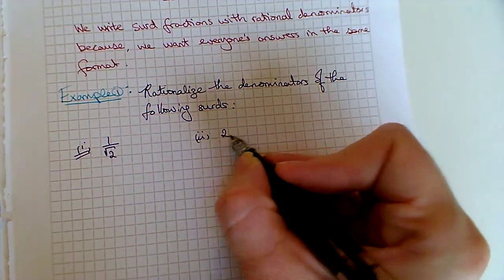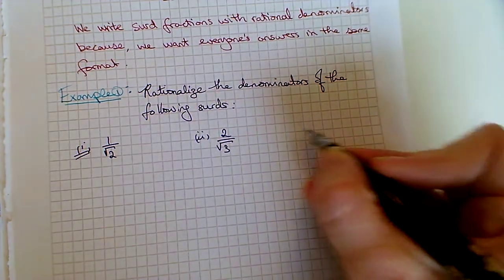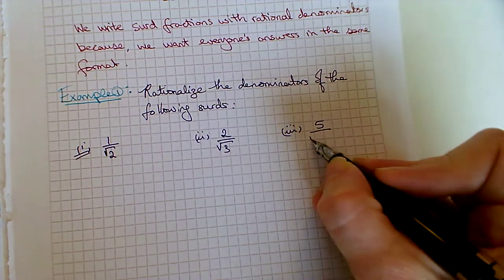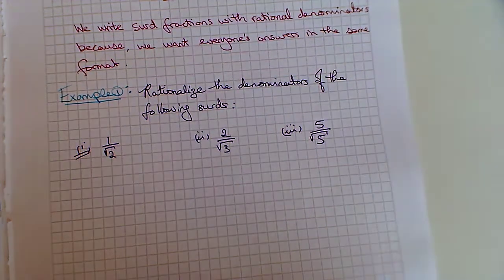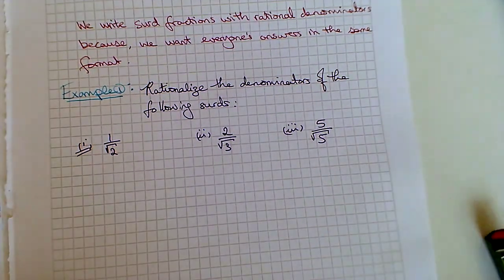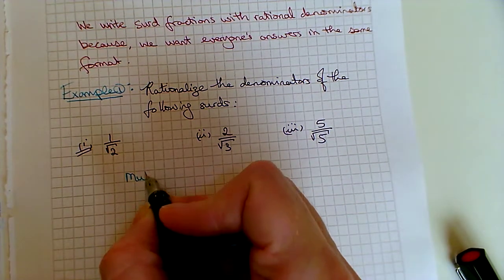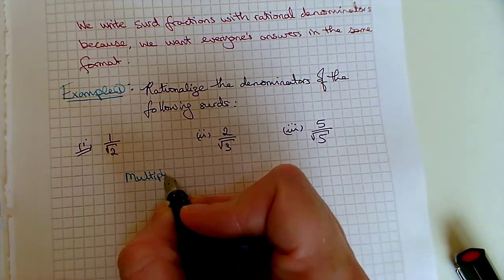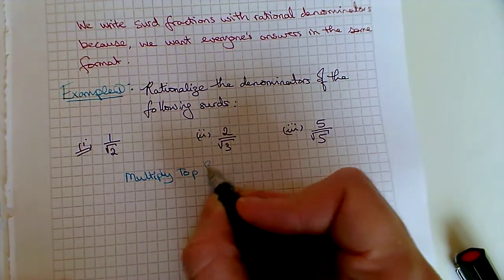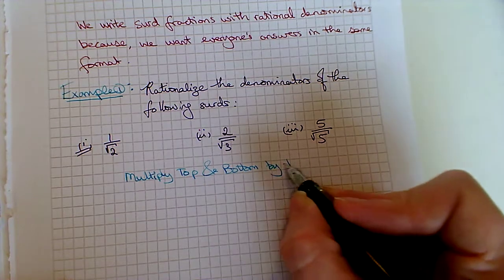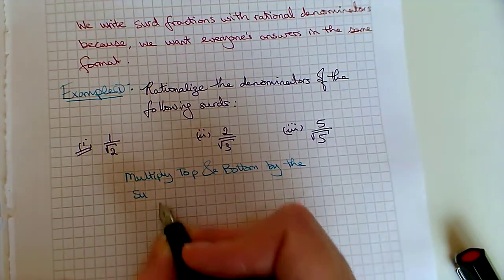And we'll do a few more as well. 2 over the square root of 3. 5 over the square root of 5. It's very, very simple to do this. Basically, all you do is you multiply the top and the bottom by the surd that's on the bottom.